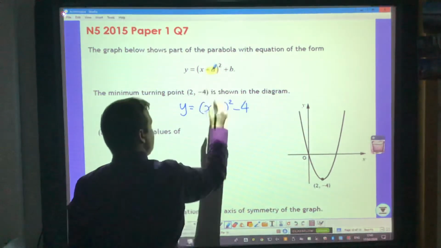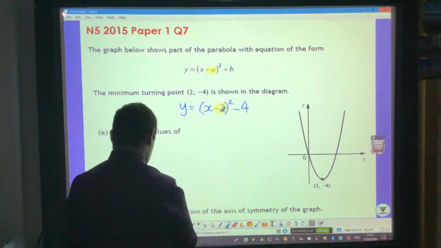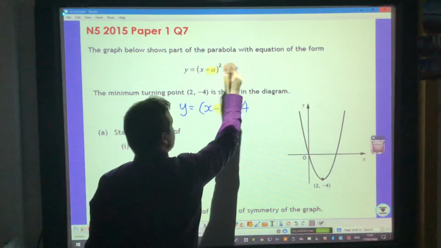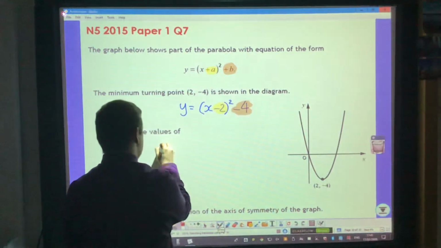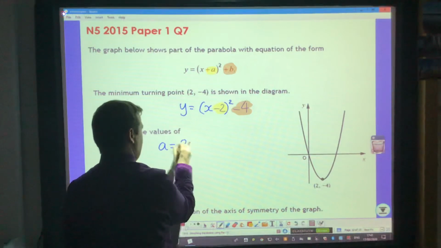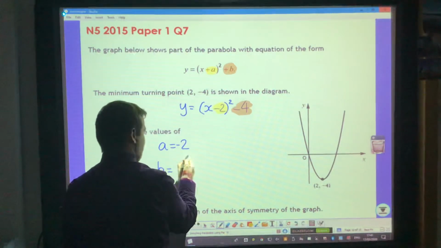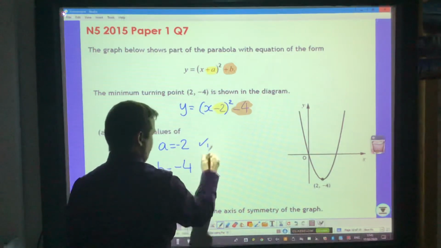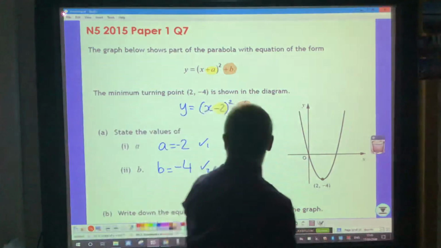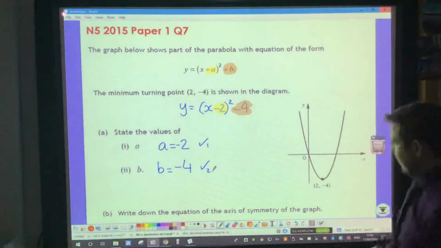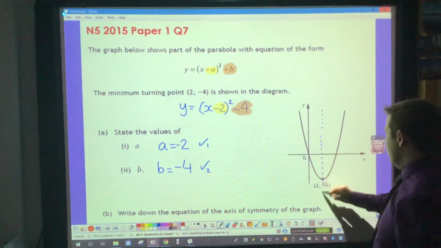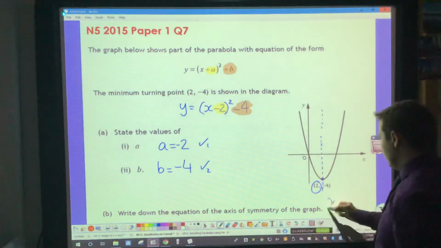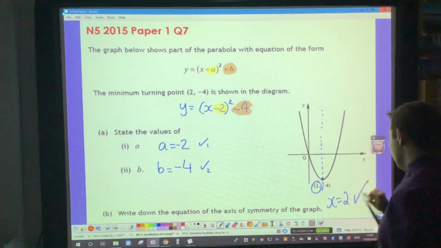A is minus 2. B is minus 4. So A is minus 2, B is minus 4, and you get a mark for each of those. Write down the equation of the axis of symmetry. Well, again, it is this vertical line, and it is the x coordinate at the turning point, x equals 2.